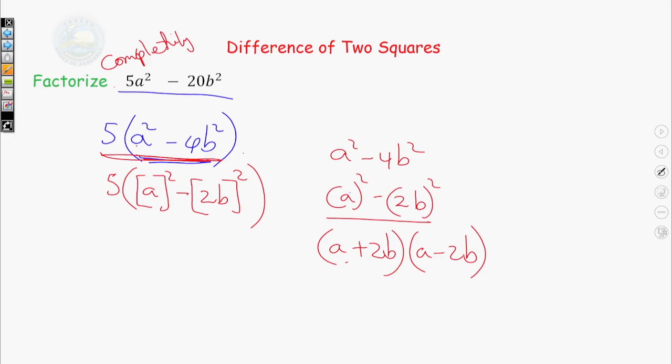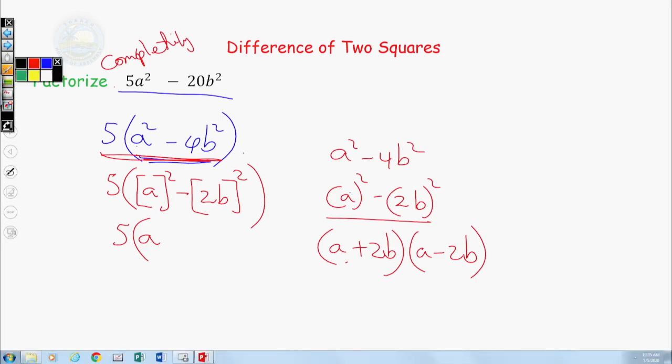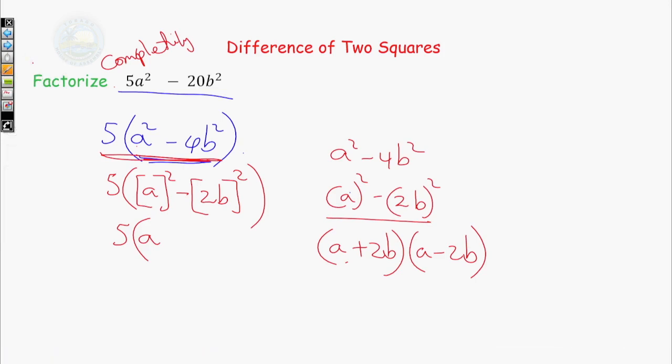So it's a case of difference of 2 squares. So we write 5, and then a plus 2b, and a minus 2b. And we have completely factorized this expression.